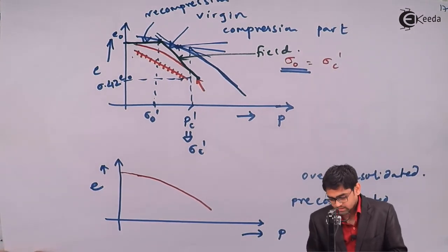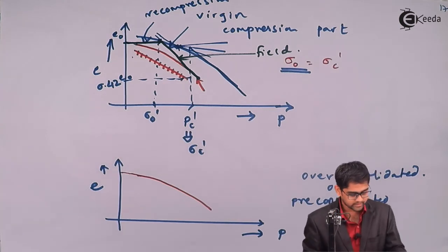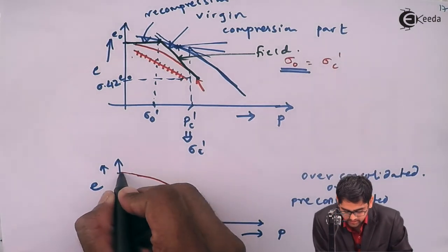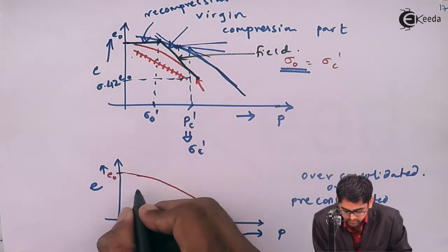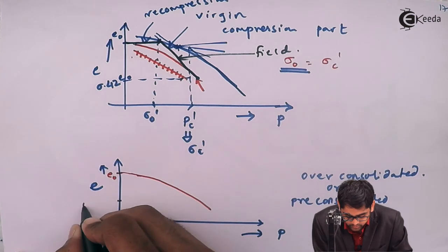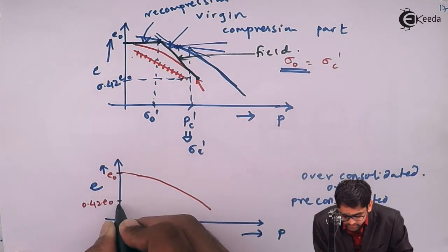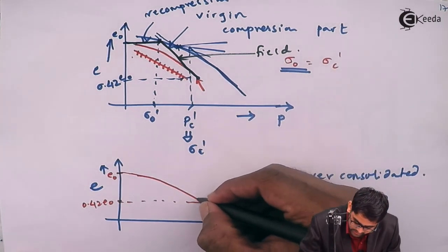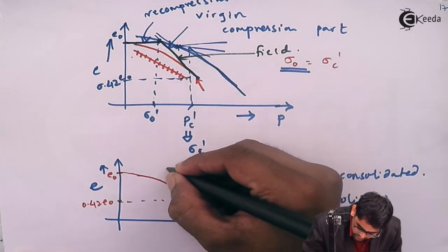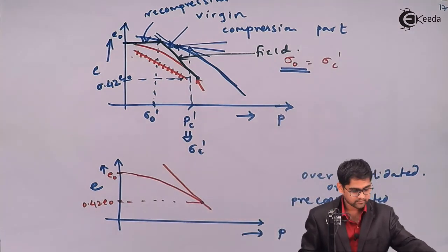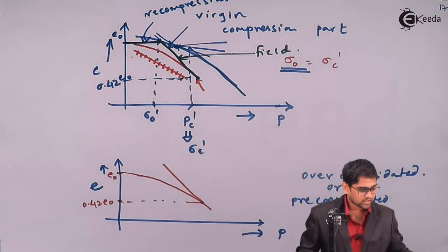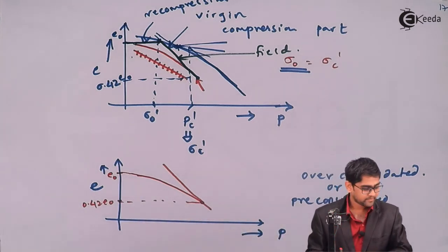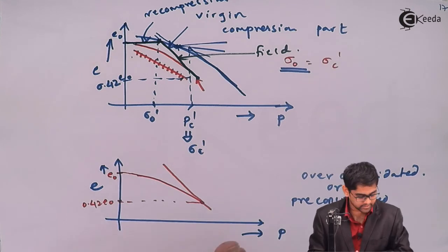For this part, as I said earlier, this is the initial void ratio, and we take 0.42 or 42% of the initial void ratio and draw a straight line. Wherever it meets, you need to draw a tangent line. I guess this procedure is the same, so there would not be any change in this process.